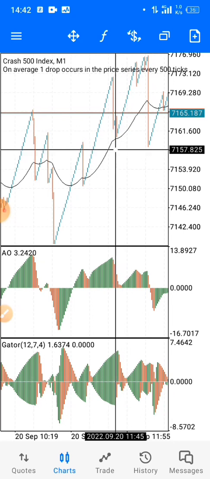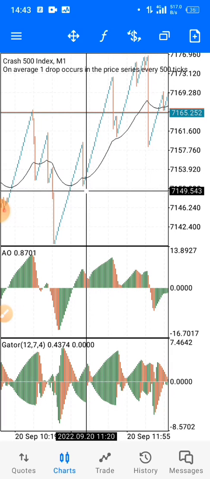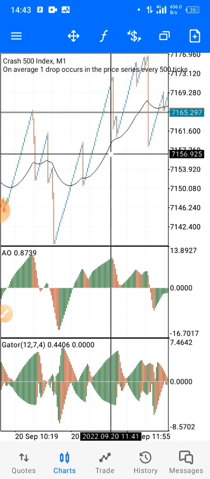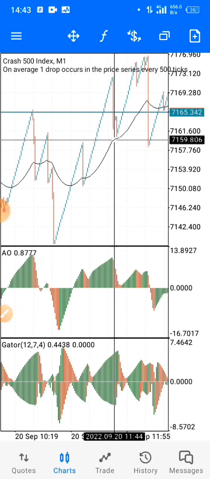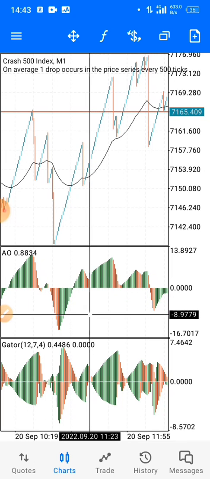That's when we are only looking for our buy signals. Like here, we've got a spike, but it's still above the 50 moving average. Then we go back to our indicator window.